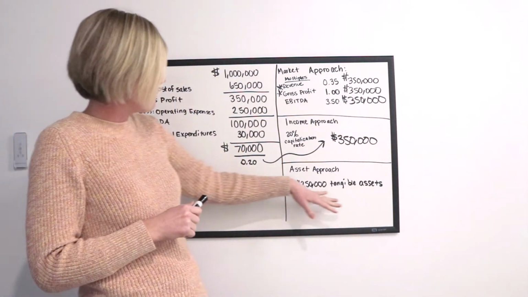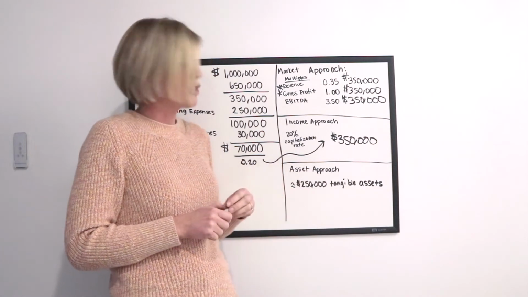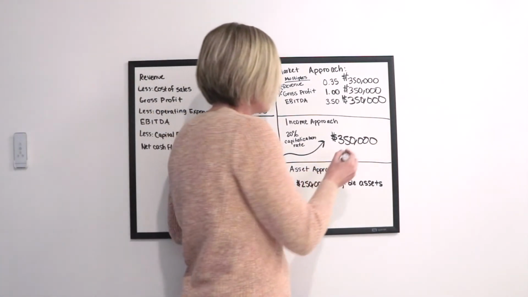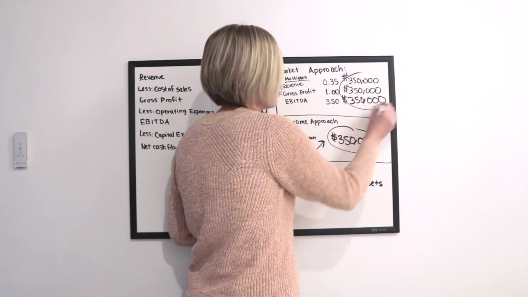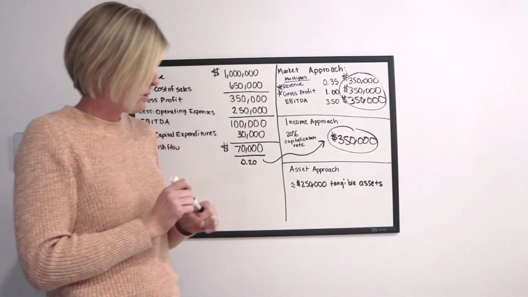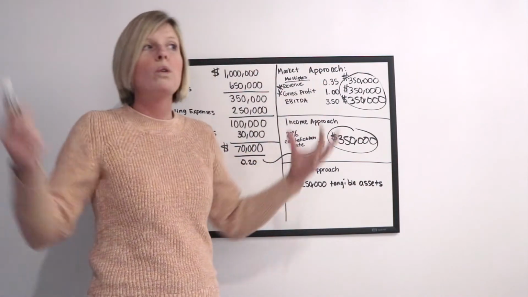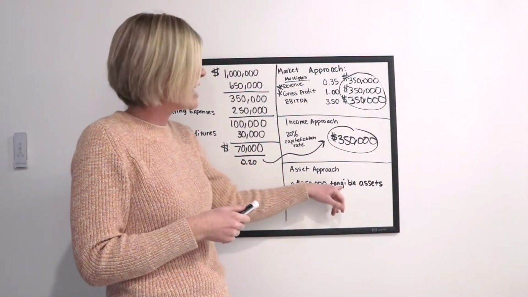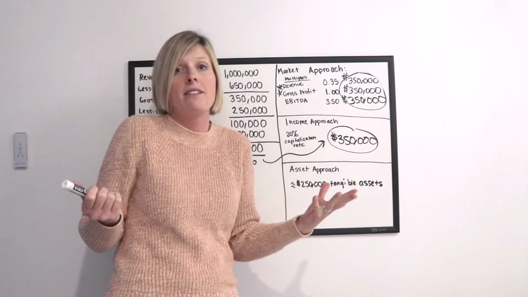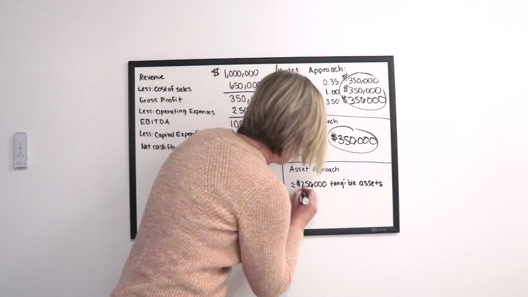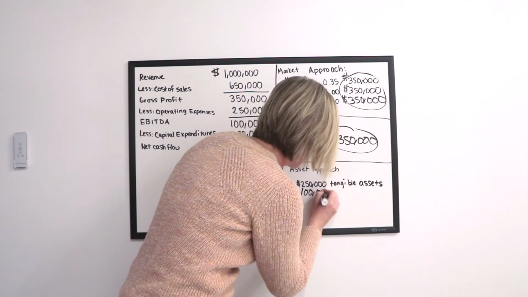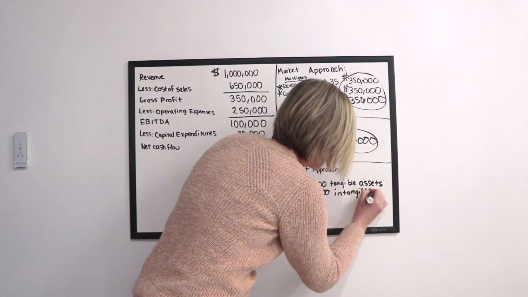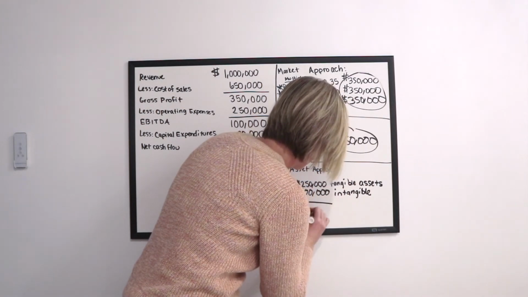So let's say we came up with a $250,000 tangible asset value. Well, we know that over here we came up with 350. We came up with 350 over there. That was for the whole entity. If we came up with 250 in tangible assets, then we could make the assumption that maybe we have 100,000 intangible, which would get us to that same 350.